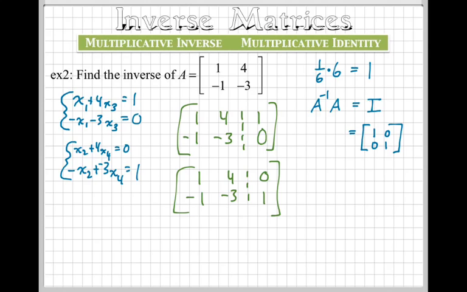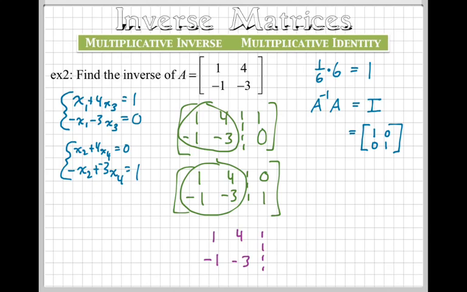Now, there's a little trick you can do from here. If you notice, you see how these are the same? We could write this as, the book calls it a doubly augmented matrix. We could write it all together as 1, -1, 4, -3.